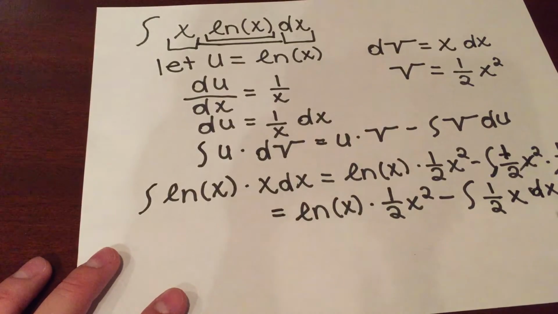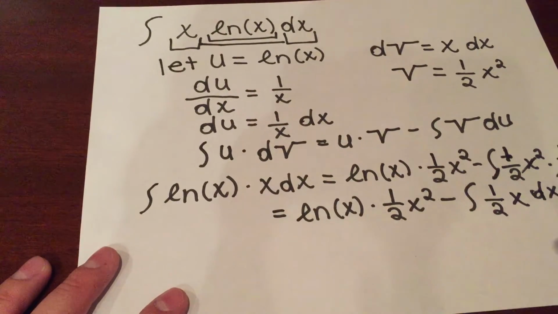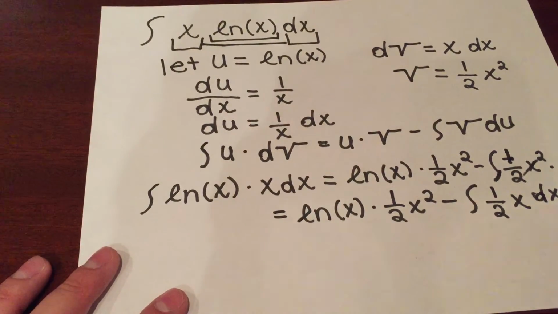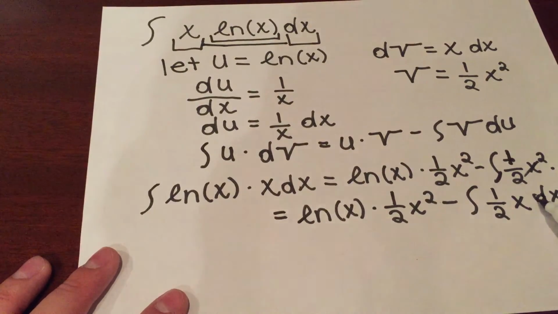Great, so we have that, but we still have the dx. We got rid of the x from the 1 over x, but the integral is still there. We still have the 1/2, and we canceled it with the x squared, so we have x.